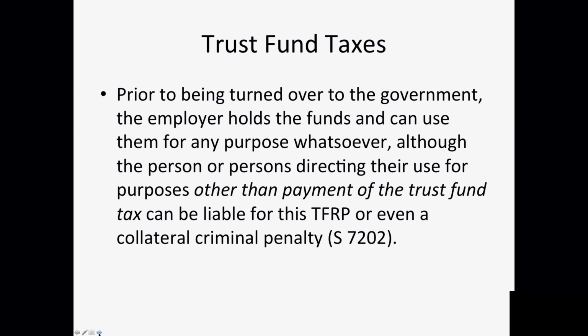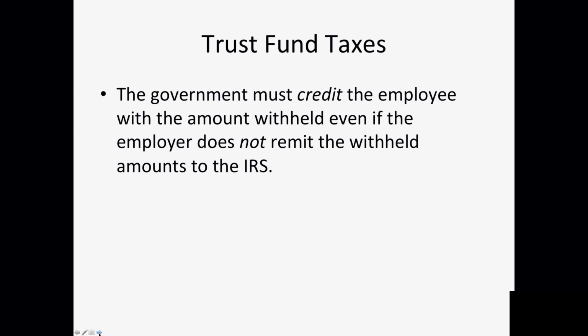So even though the money is allocated for the trust fund, if it goes for other purposes, so long as the responsible person squares up with the government, the government doesn't care if the specified lot that was otherwise meant for the trust fund goes to some other purpose. They just want to be paid.